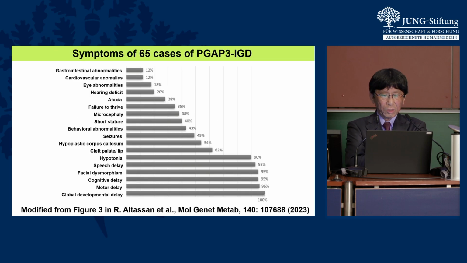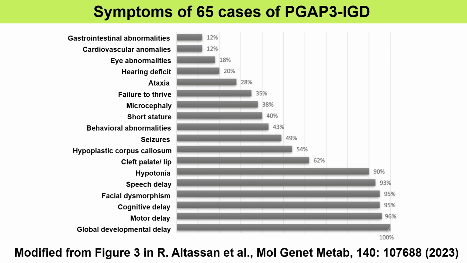So this is a summary of the symptoms of the 65 cases of PGAP3 IGD. Those patients are deficient in fatty acid remodeling, so the association of GPI-anchored proteins to the raft is impaired. And almost 100% of patients have global developmental delay, motor delay, cognitive delay, facial dysmorphism, speech delay, and hypotonia.